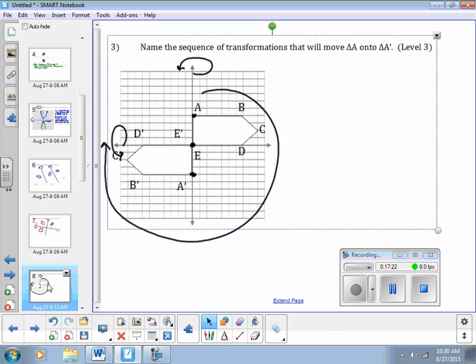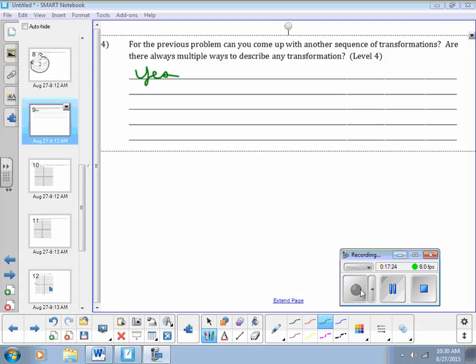All right. Yes is correct. Now give me an example of a transformation. Is there only one type of transformation you could have done? Whatever you can think of would be correct. If you say move it to the right 3, up 1, and then reflect it, that's a transformation. Yes? If you stay rotated 90 degrees and then translate it, that's a transformation. So every one of you in here could have a totally different explanation of do this and then this.